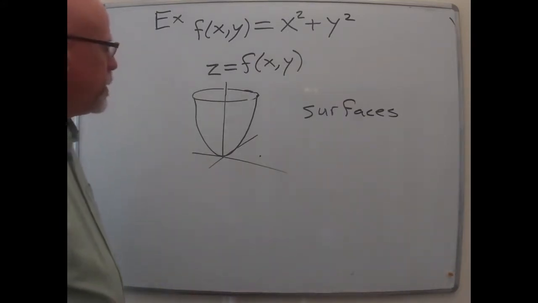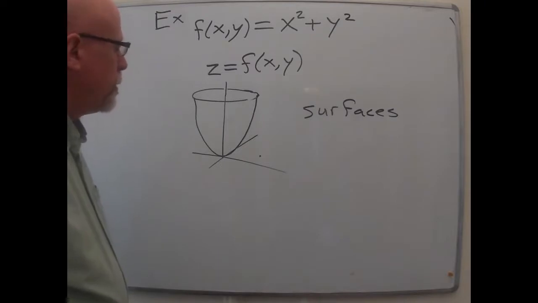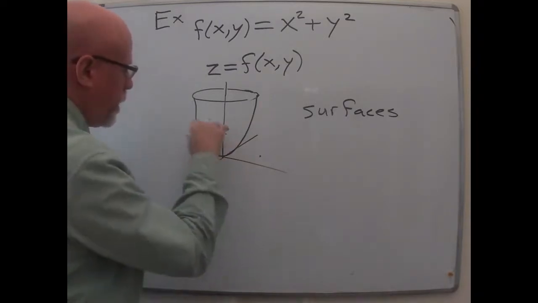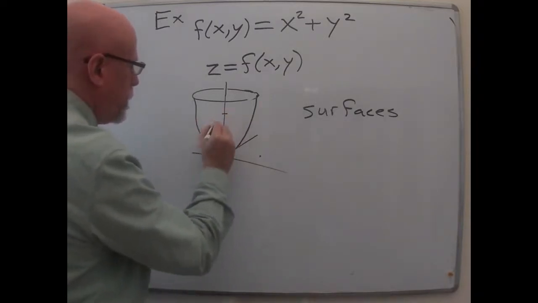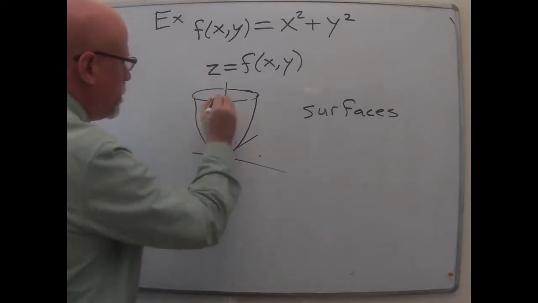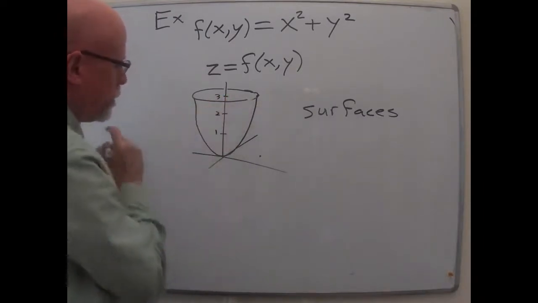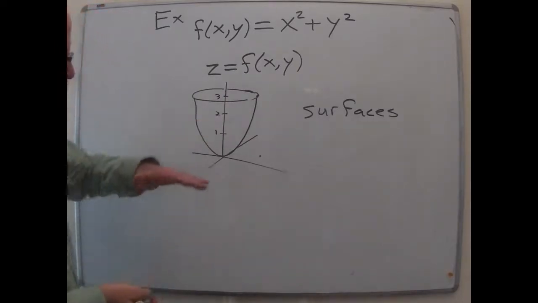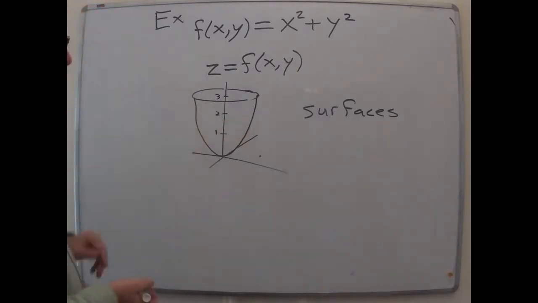For visualization purposes, when we're dealing with surfaces, it's useful to think about cutting the surface at different heights. So you might have 1, 2, and 3 as heights on the z coordinate. And what would it look like if you sliced through that surface at those different heights?